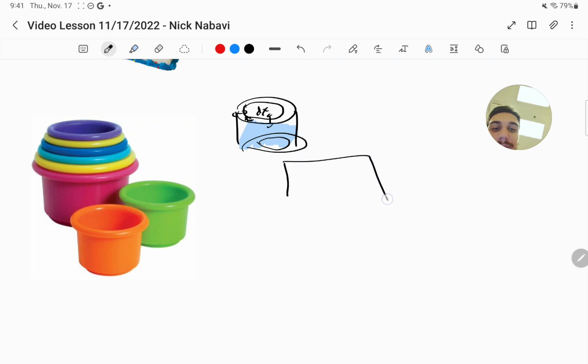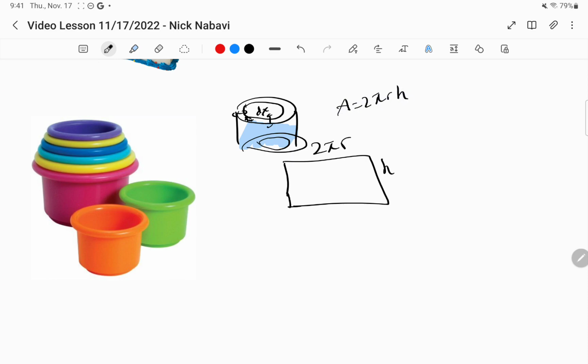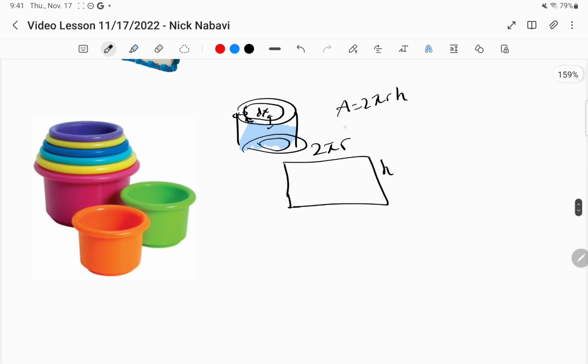The width of the rectangle is the circumference of a circle, 2 pi r, and the height of the rectangle is the height of the cylinder, h. So the area equals 2 pi r h. And the volume of plastic here is going to be 2 pi r h times this little thickness.